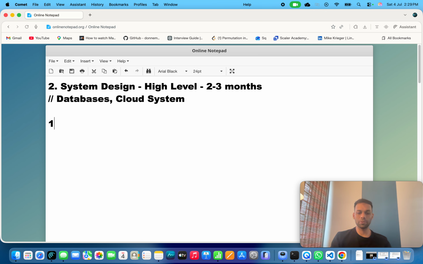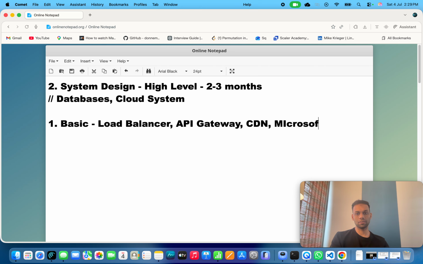Okay, how to approach this system design preparation? First is basics. What are the basics? You should be aware of what a load balancer is, what an API gateway is, what a CDN is, what a microservice is. Those basic things you should be aware of.